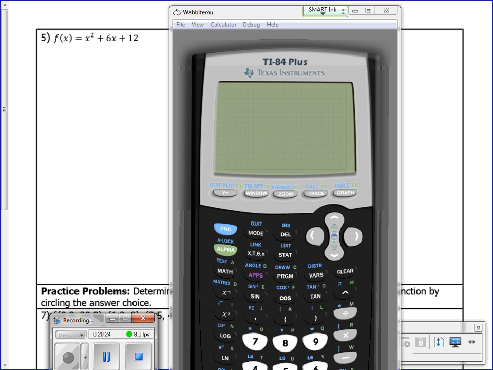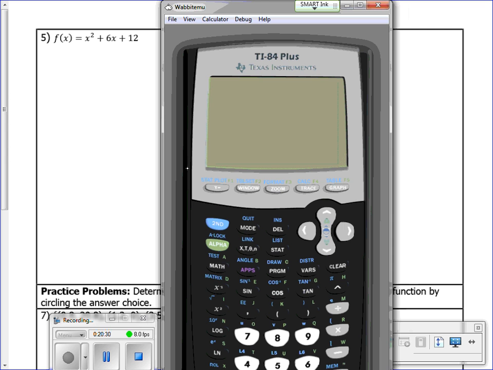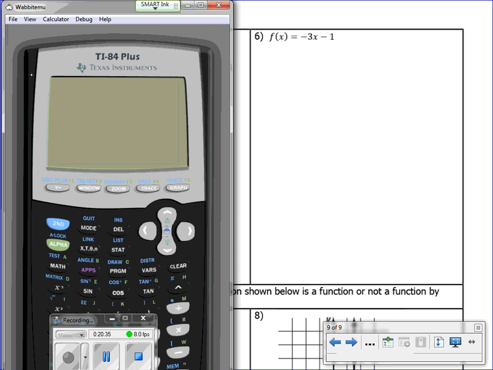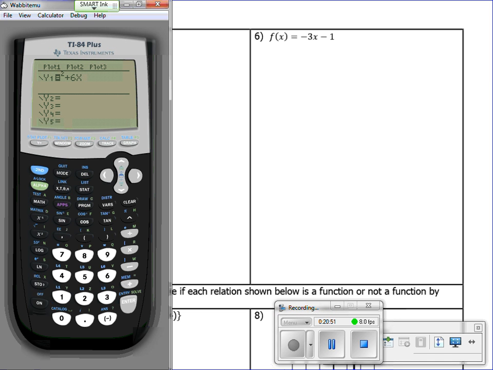So for 5, we're going to plug this into our calculator under y equals, so we're going to clear out our expression, and we're going to plug in x squared plus 6x plus 12. And now I'm going to hit graph.